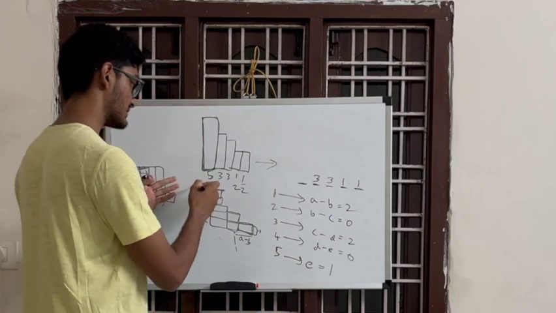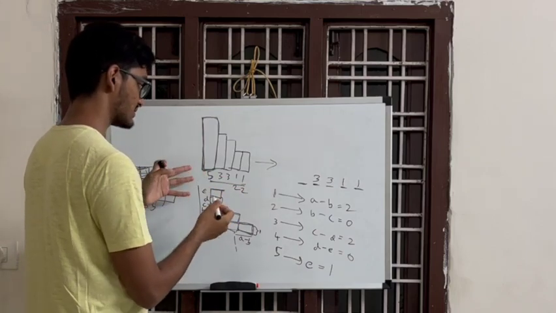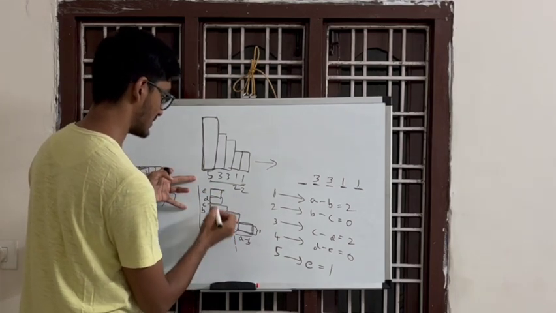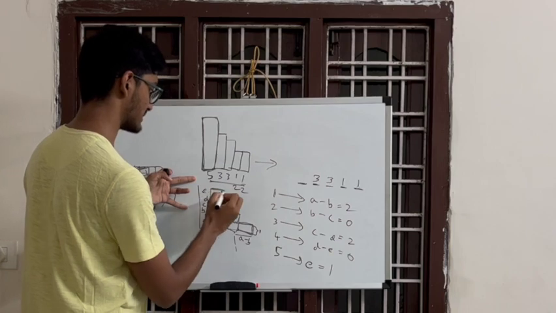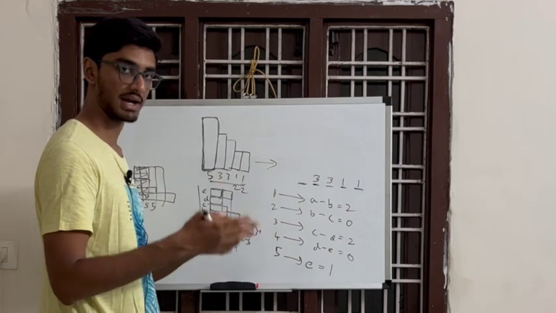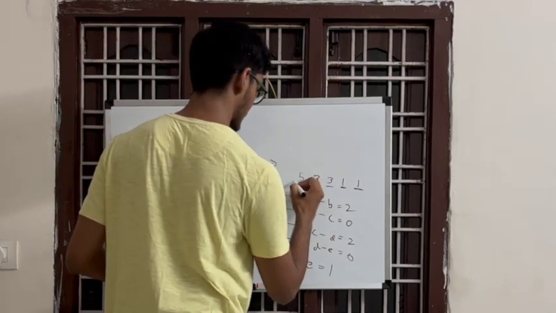Since the count here is 5, 5 into how long this block weighs will determine the number of 5's. So in this case, the number of 5's is 1.